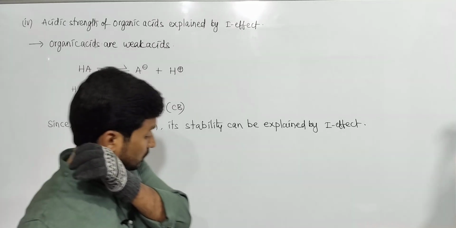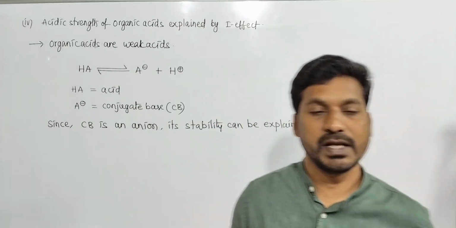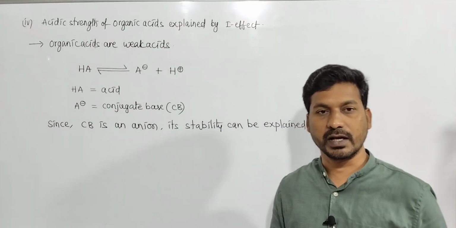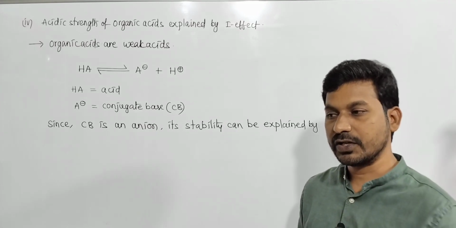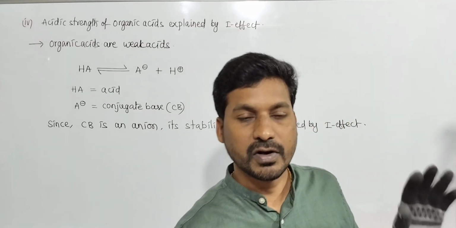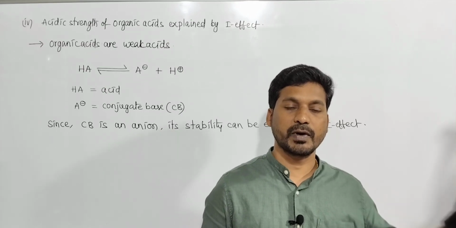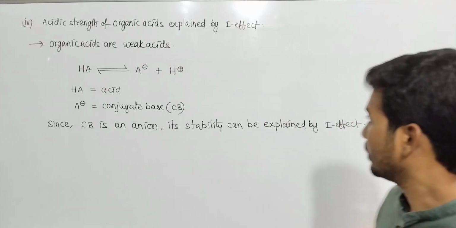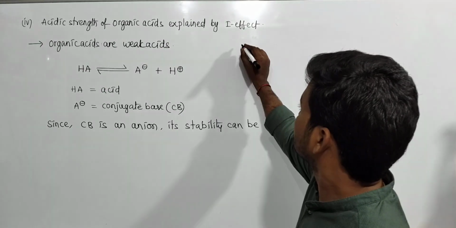The acids whose conjugate bases are stable are said to be strong acids. If the conjugate base is stable, the corresponding acid is a strong acid. If the conjugate base is unstable, the corresponding acid is a weak acid. So what is the point?